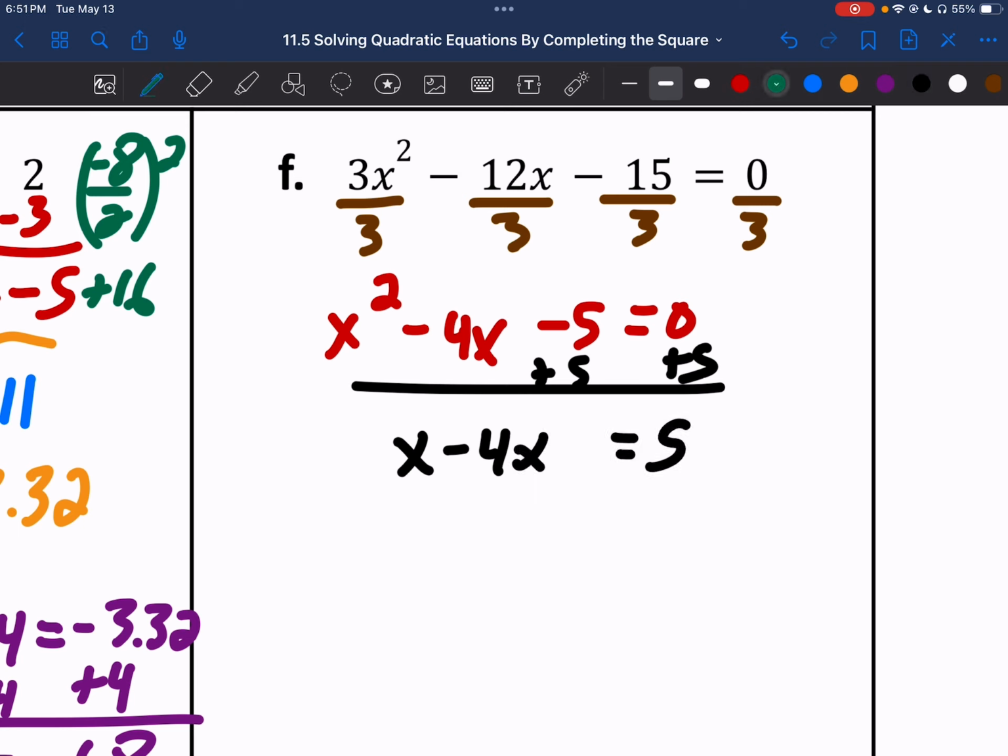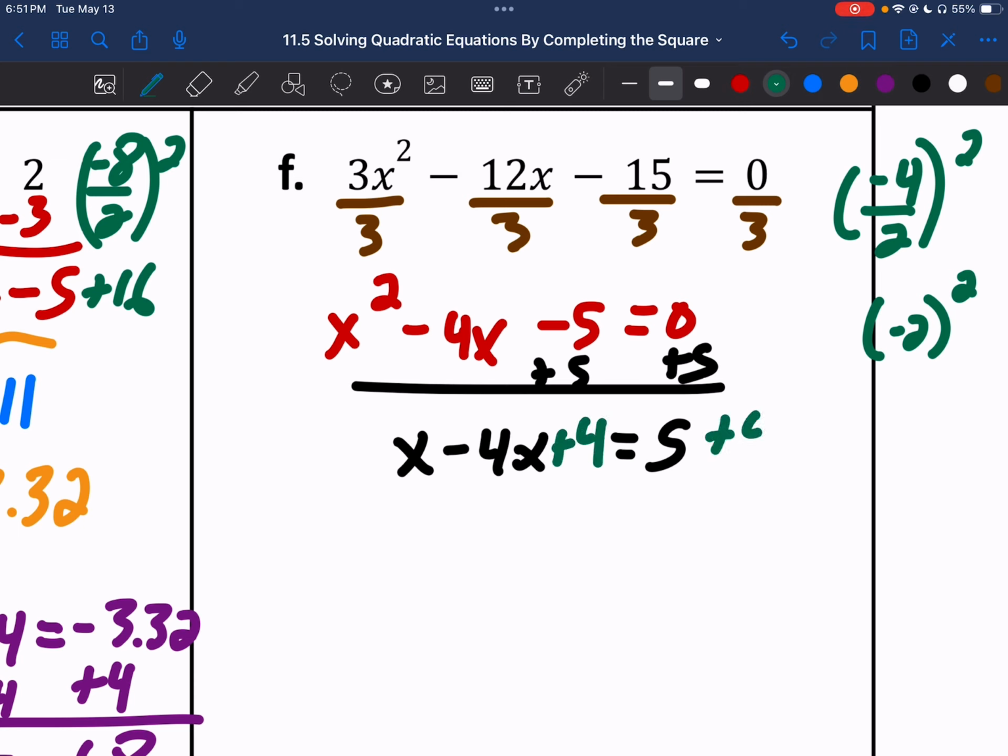Our completing the square process, negative 4 over 2, the quantity squared. So that's negative 2 squared, which is 4. So we're adding 4 to both sides. Now that we have our perfect square trinomial, we have x minus 2, the quantity squared, as its factored form. 5 plus 4 is 9.